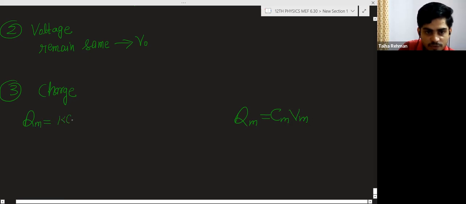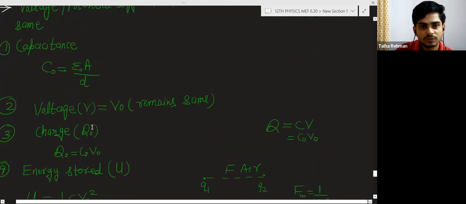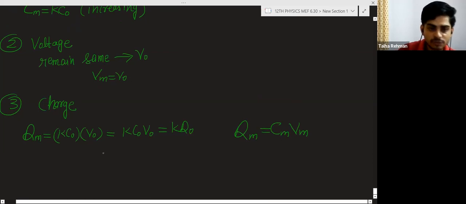Cm is K times C naught, and Vm is equal to V naught because potential is not changing. So this becomes K times C naught V naught, which means K times Q naught. Q naught is equal to C naught V naught, so the charge will also increase.